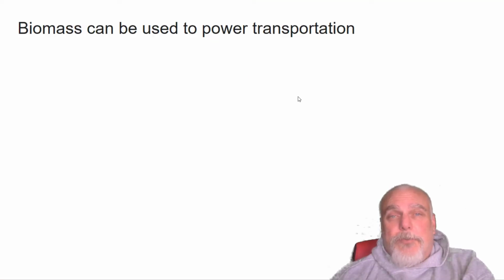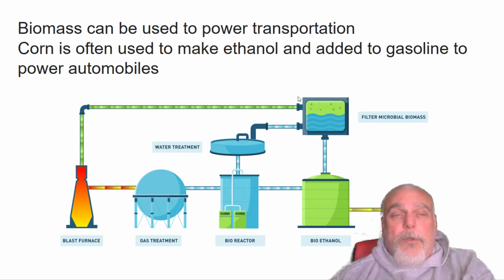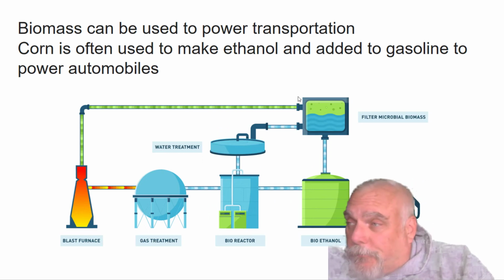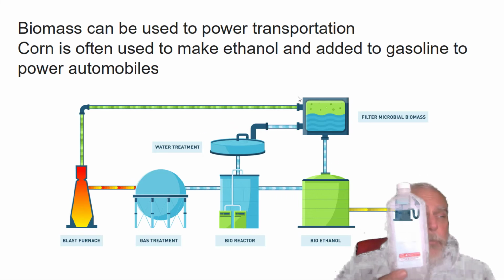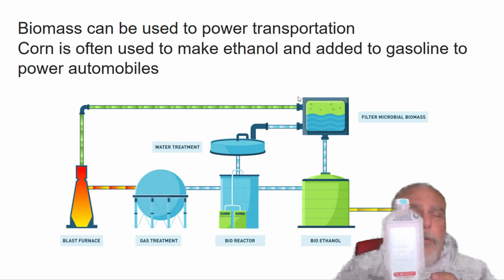Biomass can be used to power transportation. Corn is often used to make ethanol, and that ethanol is added to gasoline to power automobiles. So you make alcohol, and then you can mix alcohol in with gasoline, and that could power a vehicle. For example, isopropyl alcohol is very flammable.